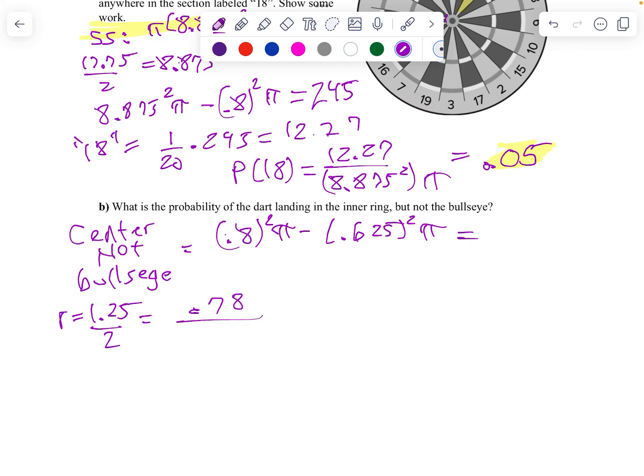I'm going to divide that by the whole circle, which is 8.875 squared times pi.